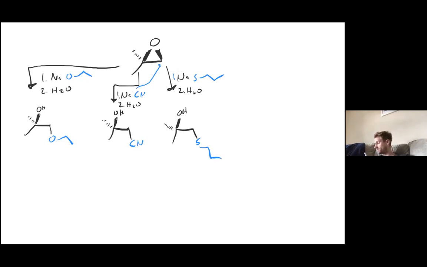Some other ones we can do is if we add in LAH and water here, so our hydride is going to be what's opening this.